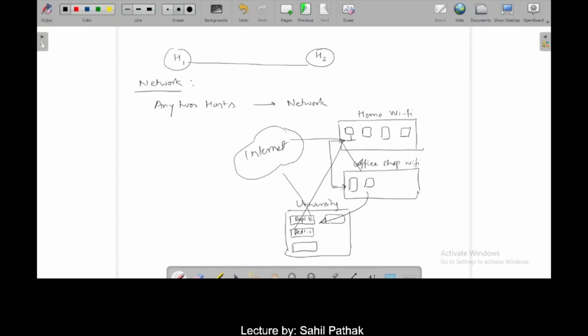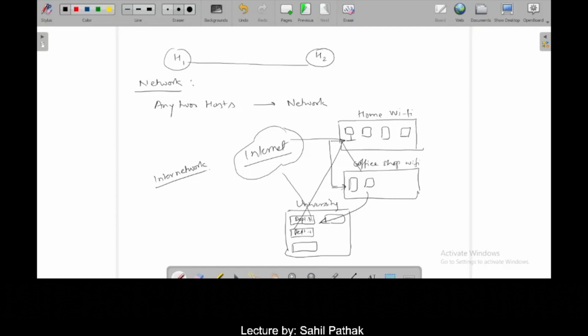A network of networks is nothing but the internet, the grouping of all these networks altogether.